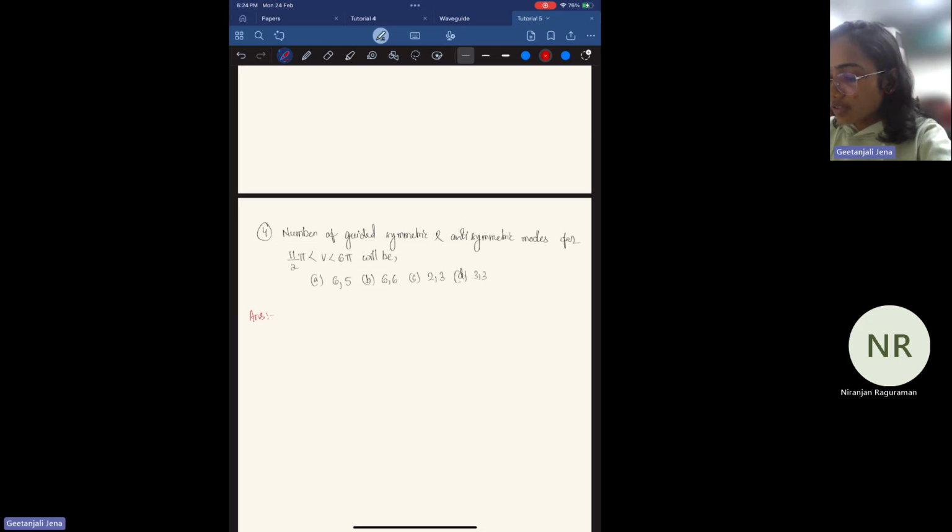So the fourth question, it's the easiest one. The question is the number of guided symmetric and antisymmetric modes for V lying between 11 by 2 pi to 6 pi.